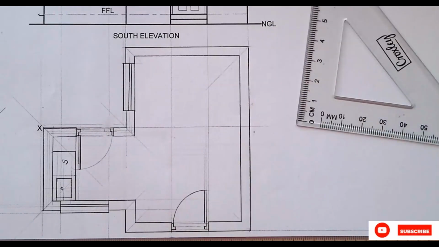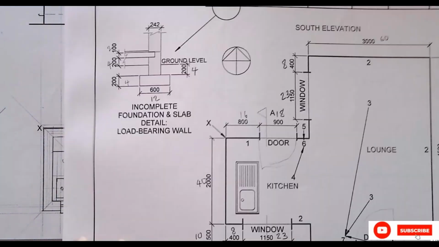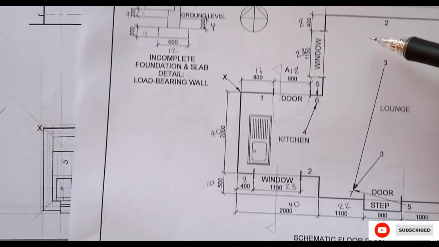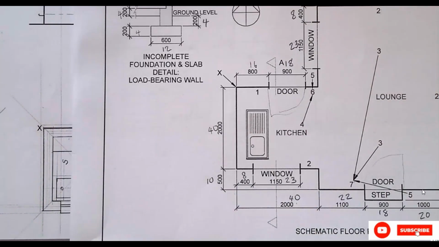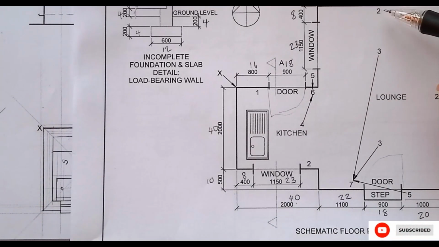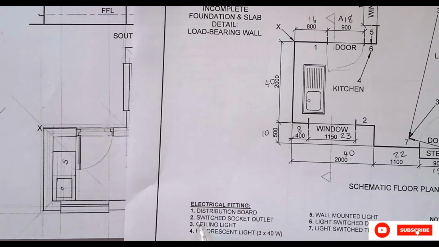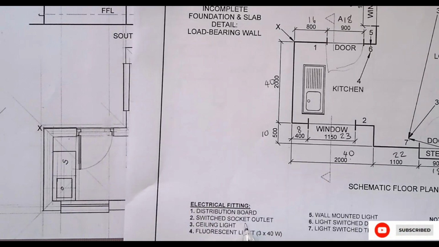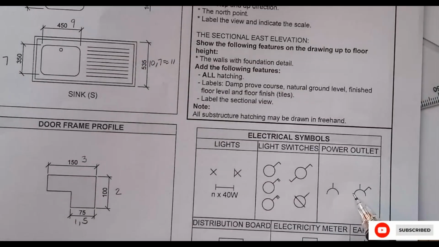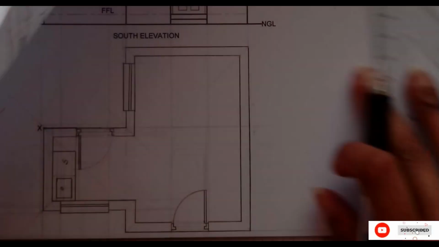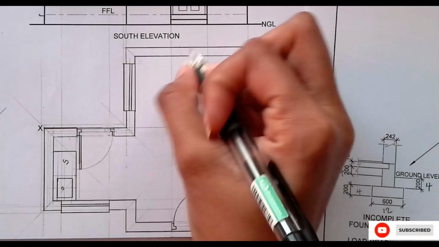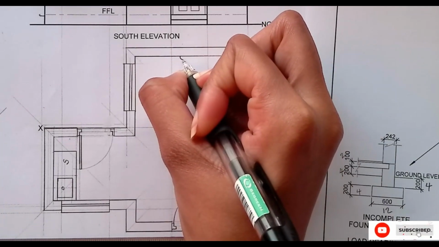That's all we had to do. For our electricals, you can see here we have 2. We'll zoom out. Okay, so we have 2. And when you see there, 2 is a switched socket outlet. We have our outlets here. So a switched socket outlet is this one. So you will just draw it somewhere there.